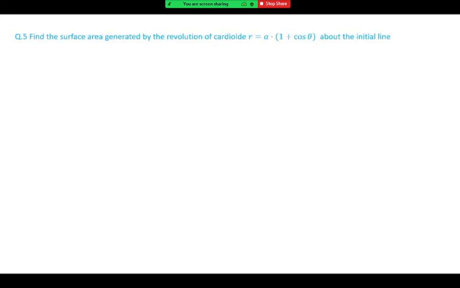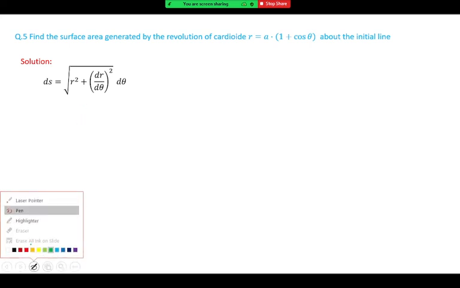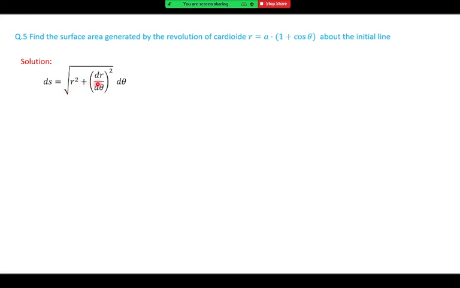The last question is on surface area. Surface area of a cardioid about the initial line. What is the formula for surface area? 2 pi y ds. That is the formula. But ds we should calculate first. The formula for ds is the root of r square plus dr by d theta bracket square into d theta.